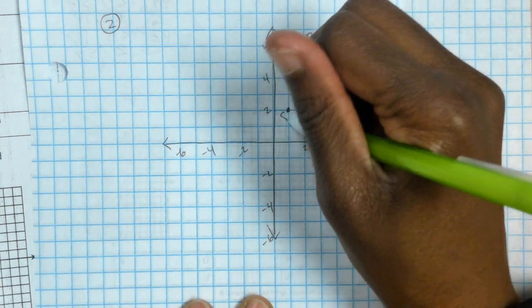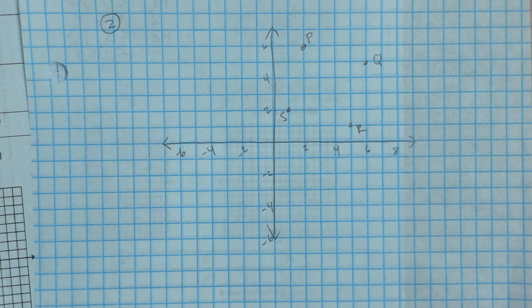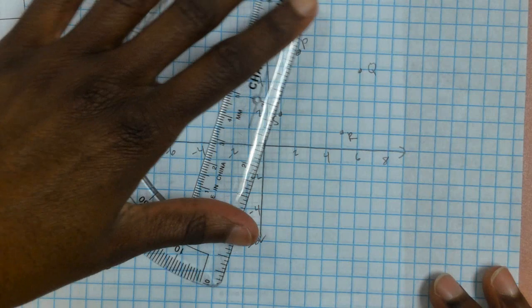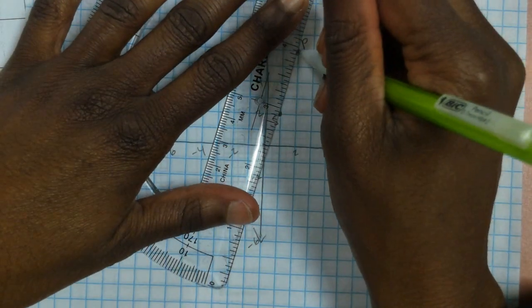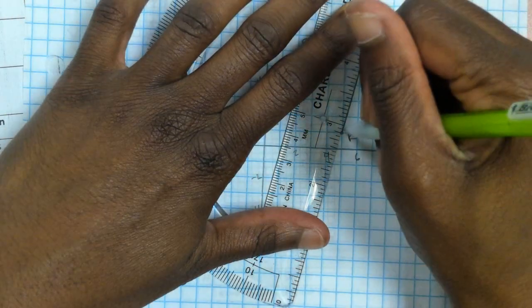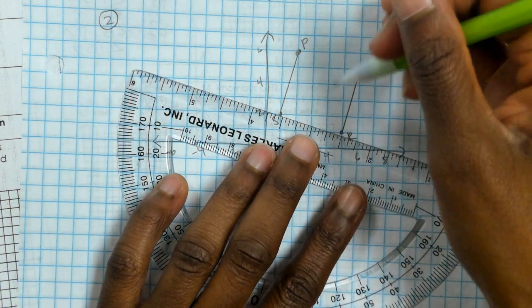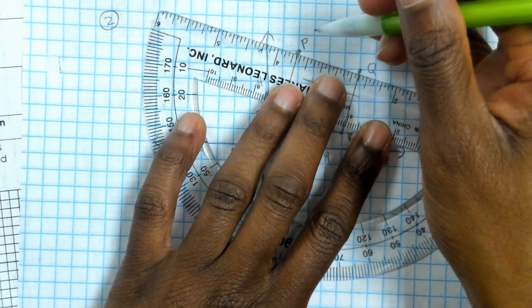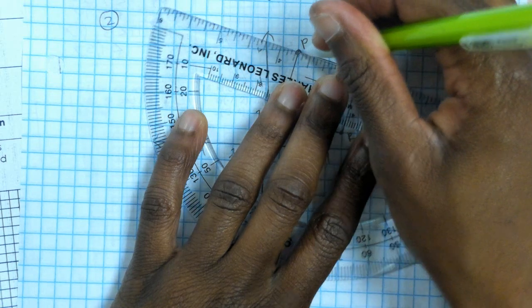Okay, so I have all the points plotted, and if I want to connect them, you can graph this right on the paper that I gave you. It's just hard for me to see it, so I don't do it that way. I'm going to do it on a larger graph, but there's nothing wrong with the paper. It's just small for my eyes.